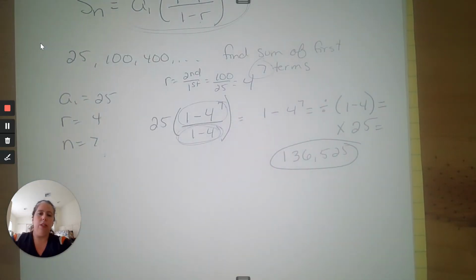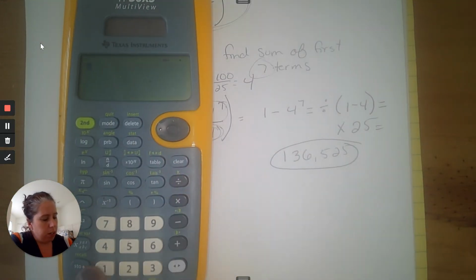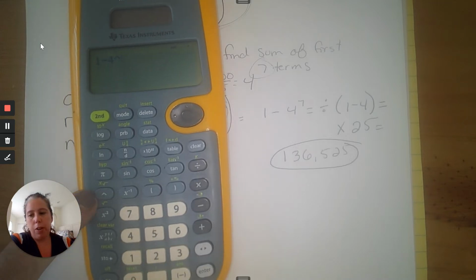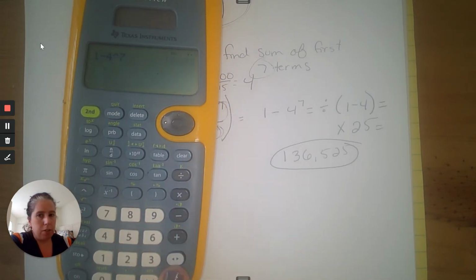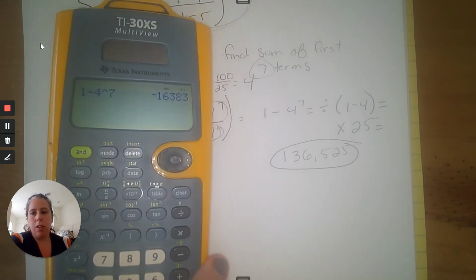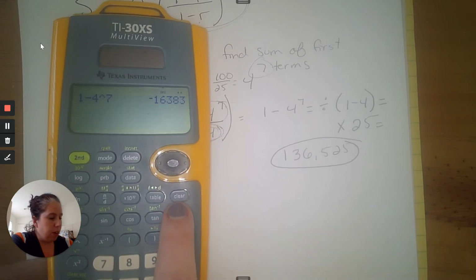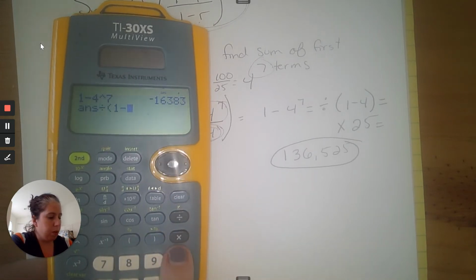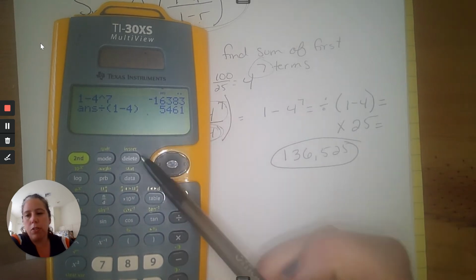Okay, so let me show you on this one. Okay, we're going to do the same thing. So 1 minus 4 raised to, make sure you use the right button, that one, to the 7th power, right? Hit equals. Okay, then divide it by parentheses 1 minus 4. Close your parentheses. Guys, you got to put the parentheses or else this is going to do order of operations.